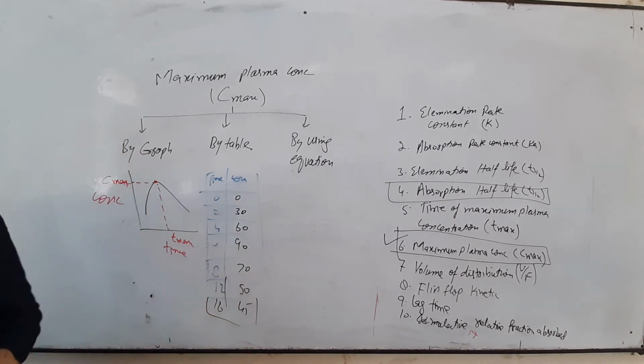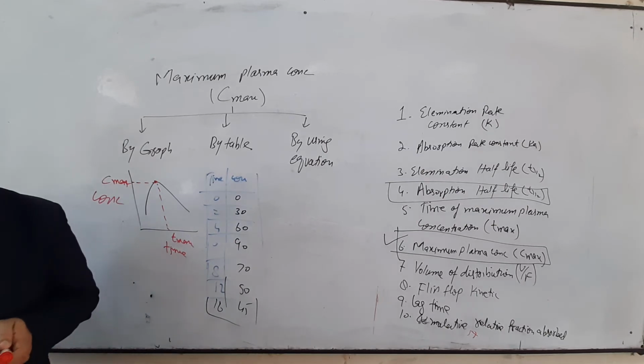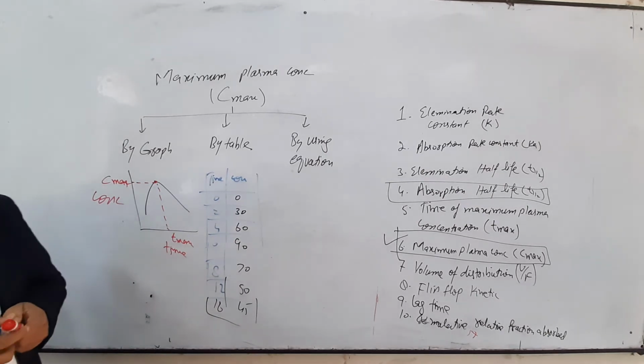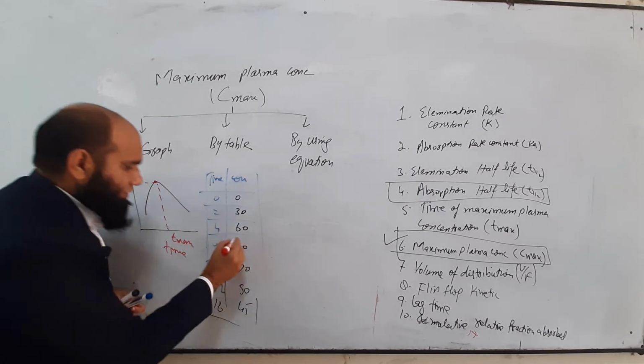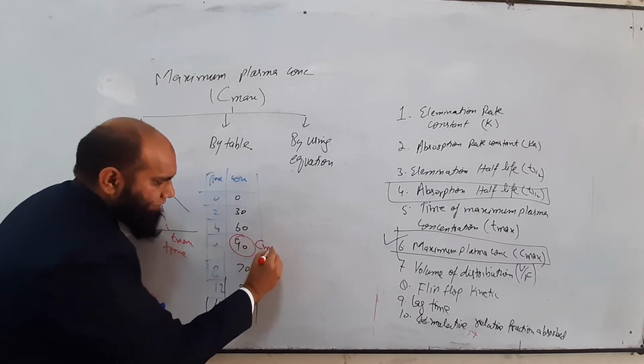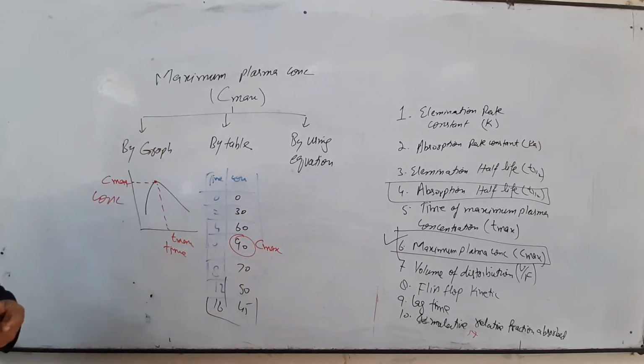So we can assume where the maximum concentration is. The answer is very simple: the maximum concentration is 90. So we can say this maximum concentration is our Cmax. Method 2, by using the table, by using the observations.